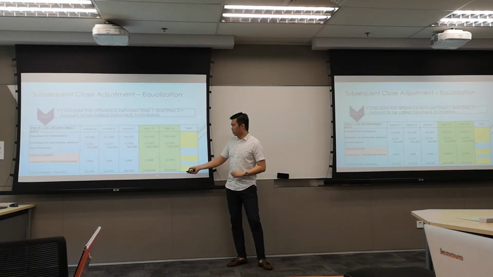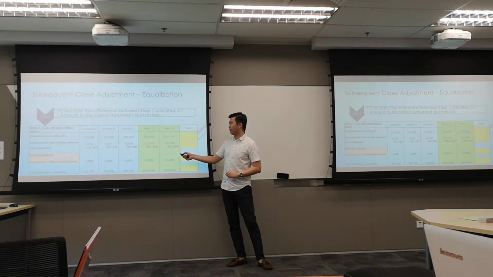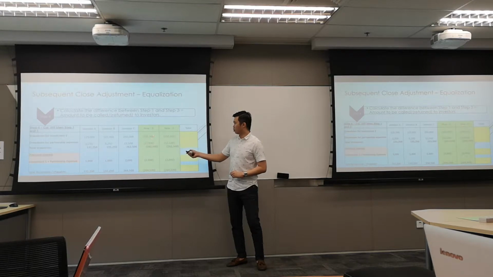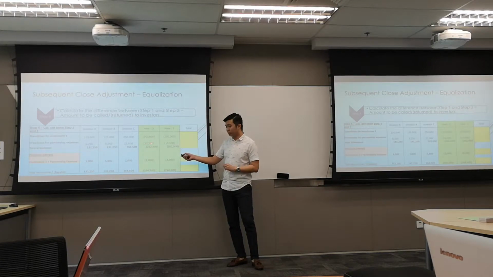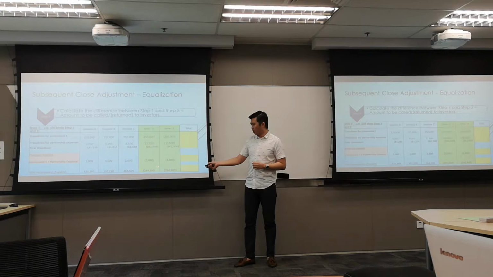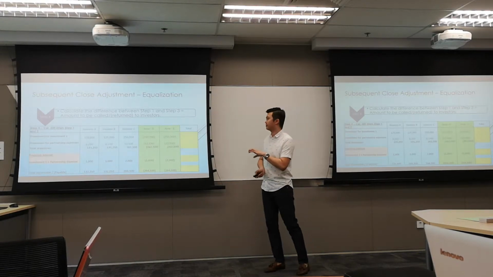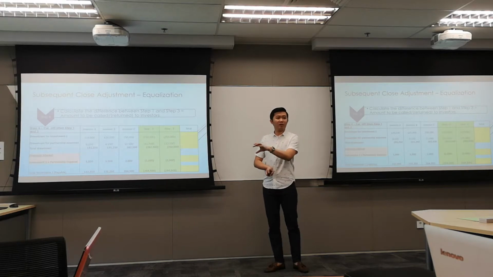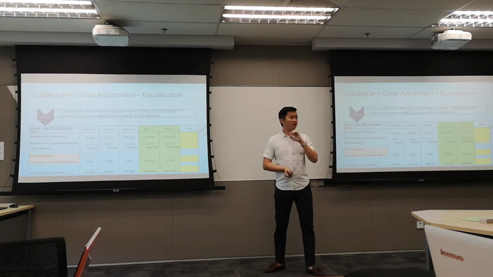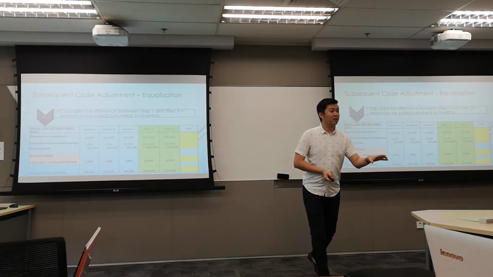For new investors, you will have to pay up the 250,000 and 12,500, so approximately 26,000. You need to pay this to the fund. And this amount that the fund receives will then be paid to the existing investors.